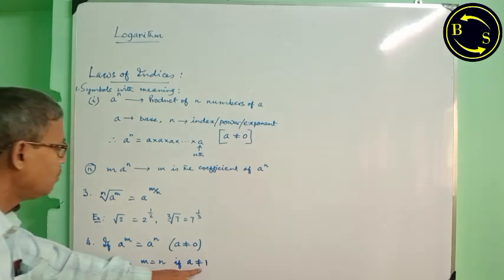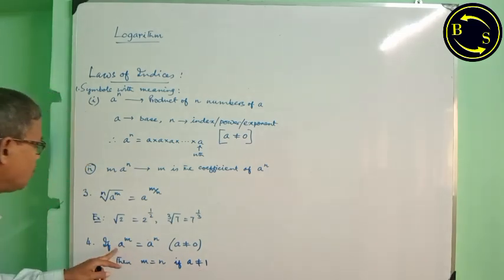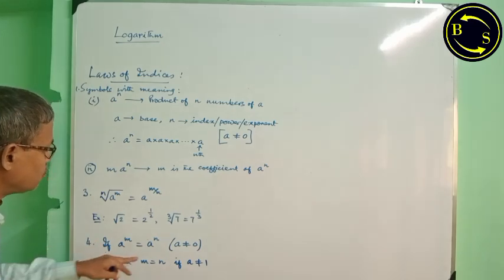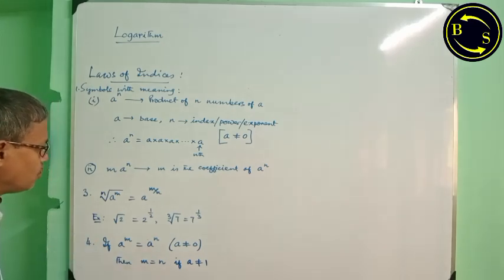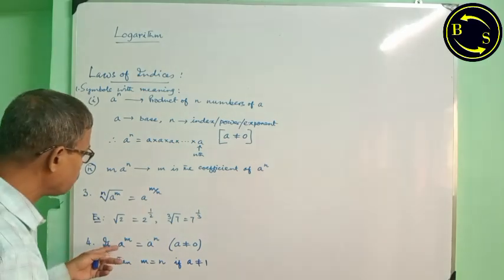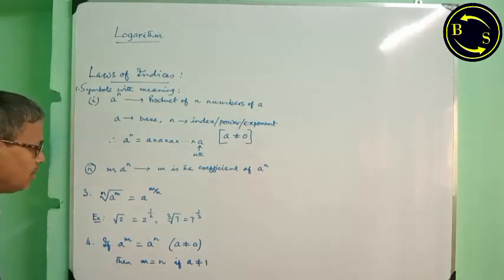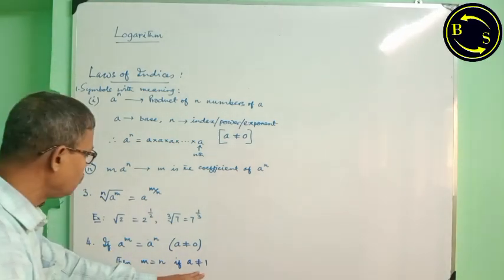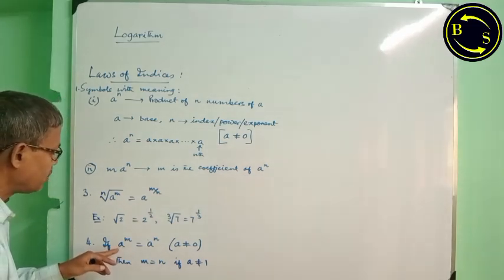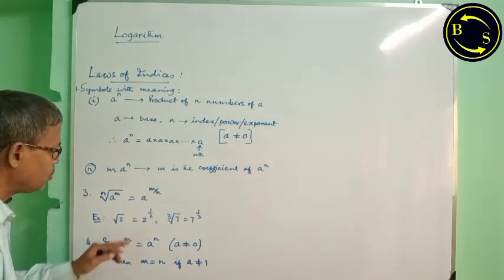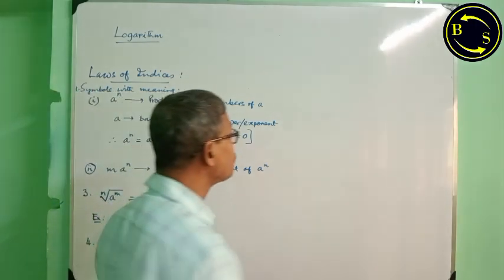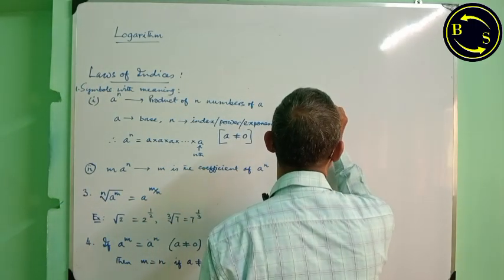In case of a equal to 1, 1^m is equal to 1, 1^n is also equal to 1. Therefore, we cannot conclude about m and n. Now, if a is not equal to 1, then we can say that a^m equal to a^n will give m equal to n.